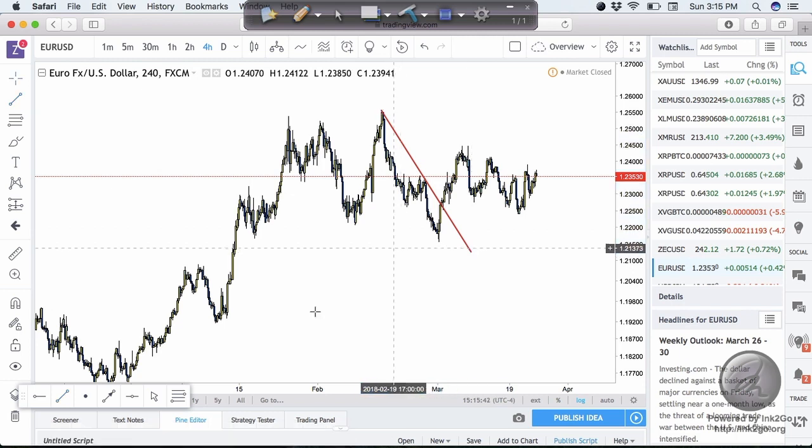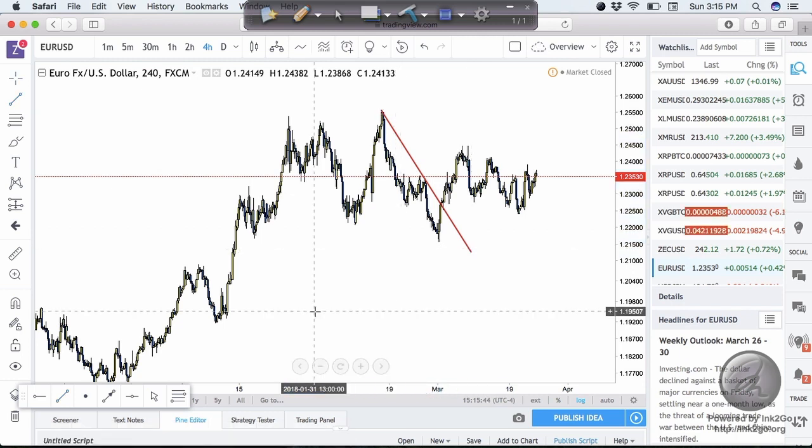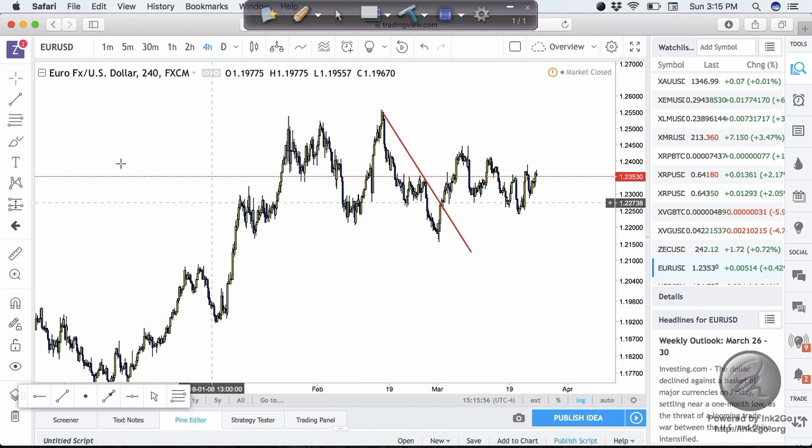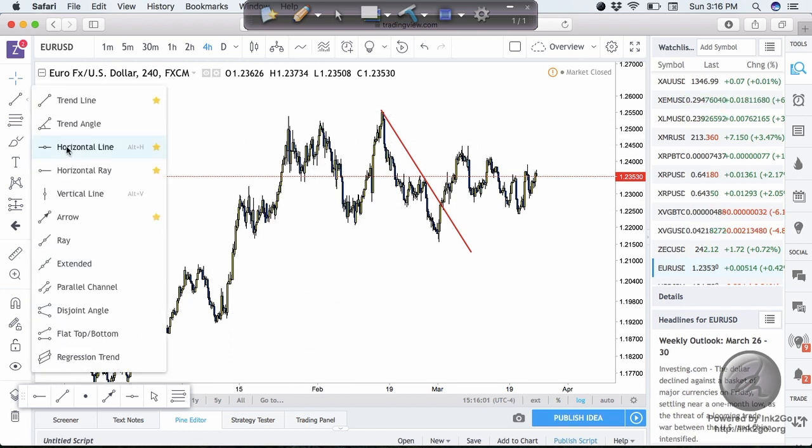When using price action, you're going to look at 2 things: how price reacts to the trend line, and how price reacts to support and resistance lines. So we'll add a support and resistance line as well, and bring these 2 things together.